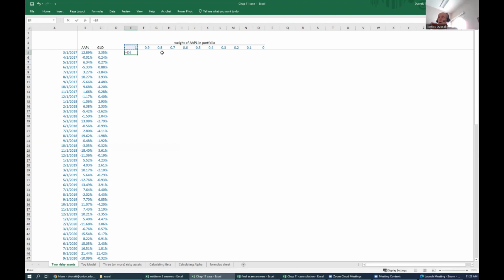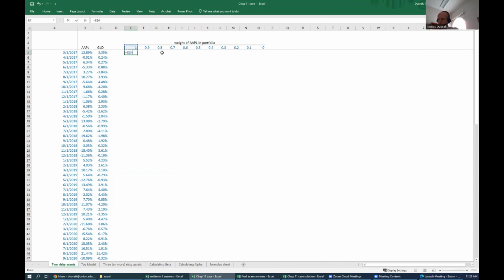When we copy across columns, we want the weights to change, so we're not going to lock the column coordinate, but we are going to lock the row coordinate, because when we copy this cell down, we don't want it to change. We always want the formula to grab the weight from row 4.